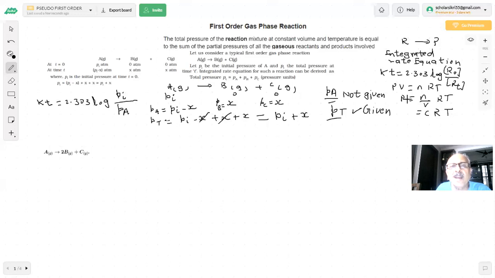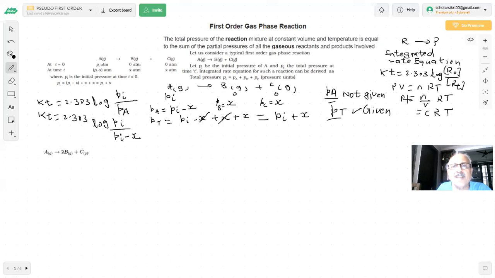What is PA? Kt is equal to 2.303 log of Pi over PA, and PA is Pi minus X. The initial pressure is given in the exam, and X is the pressure of A which decreases.